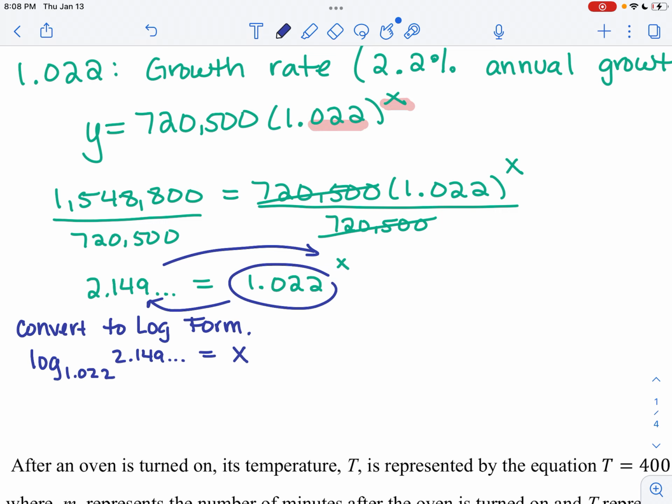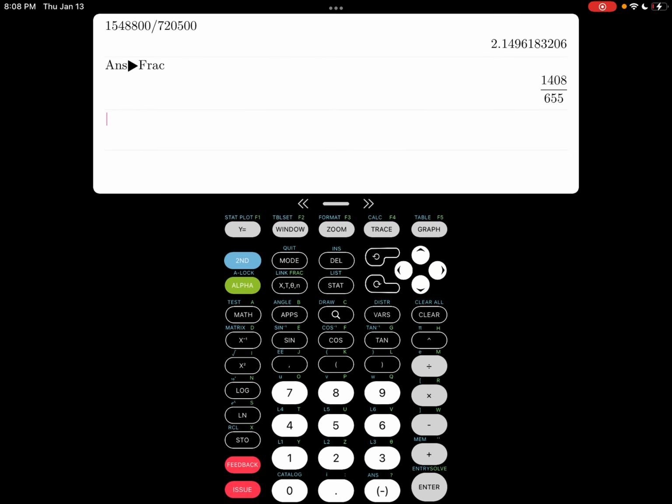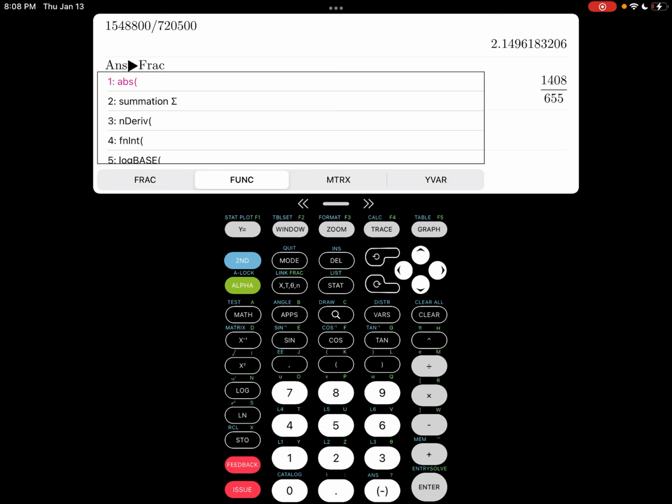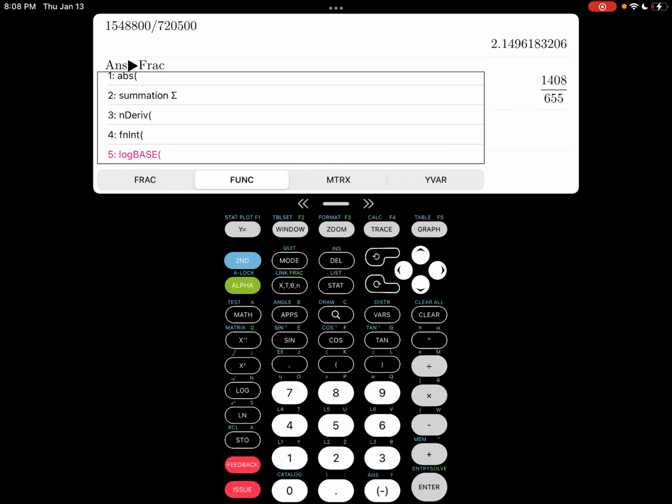So really this just becomes one big plug-in. So alpha window choice 5 gets us the log base. The base is the 1.022 value.